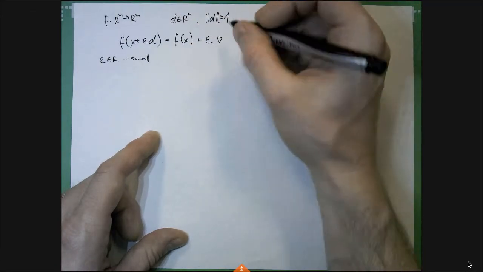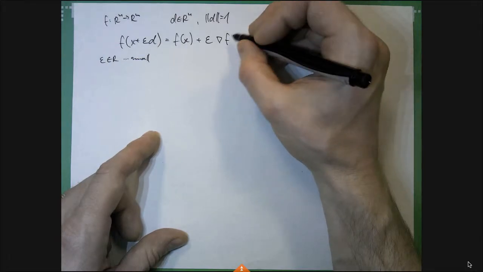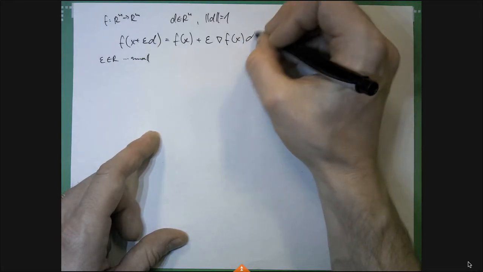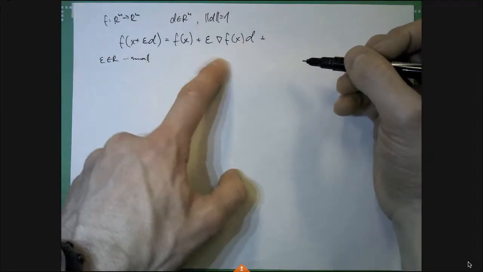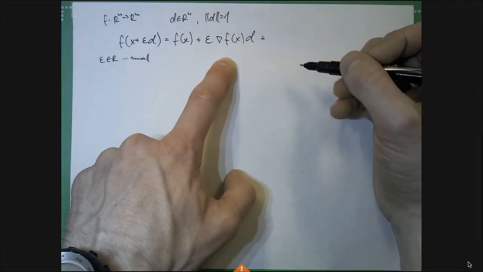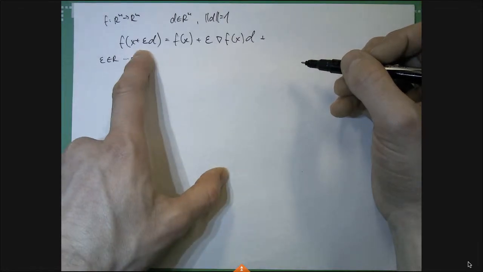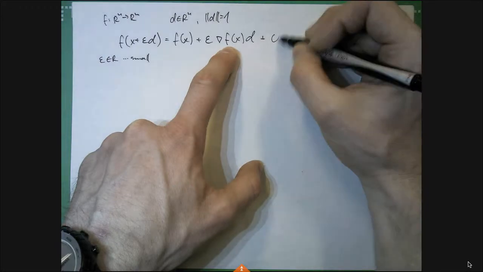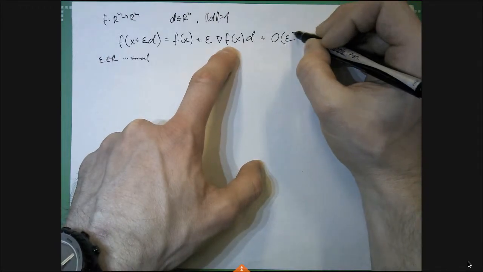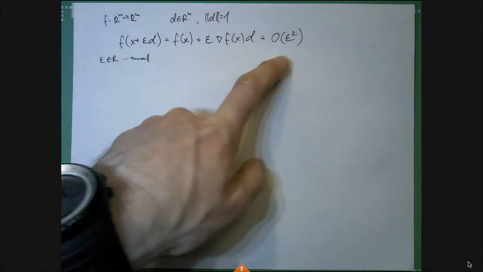So from Taylor expansion, that's essentially what the gradient is. That's the whole point of a gradient. It's basically a good approximation of the function close to the point where I evaluated the gradient. And I can actually put an upper bound on it: good up to epsilon squared.